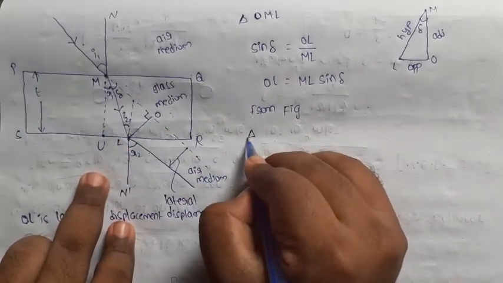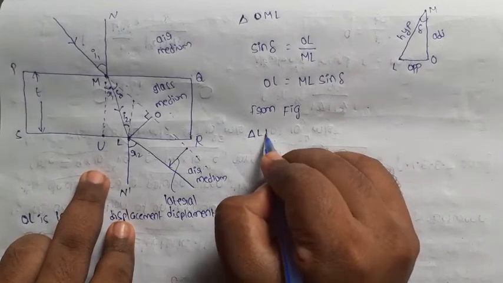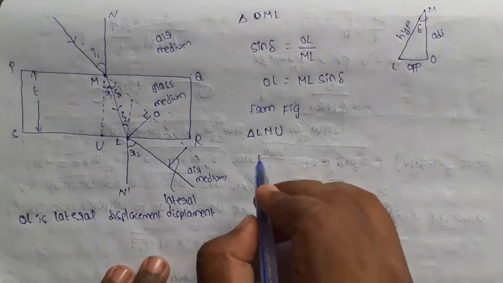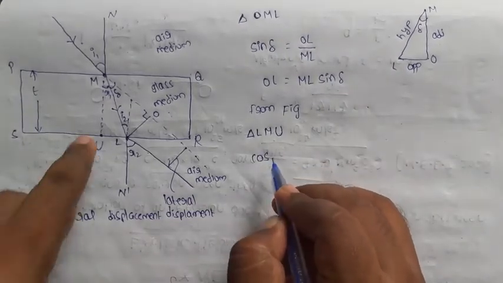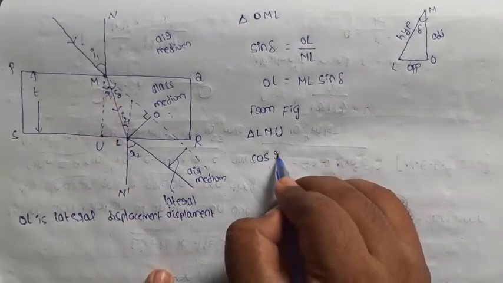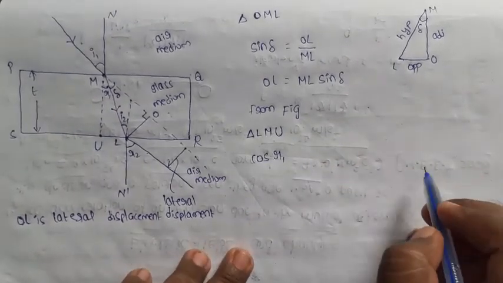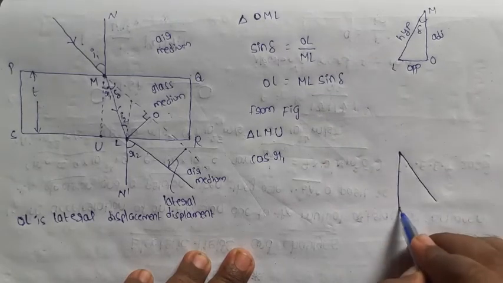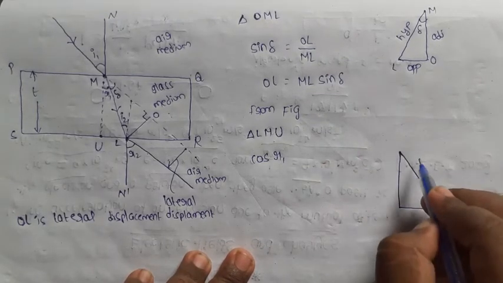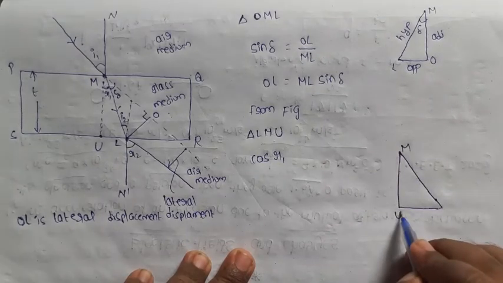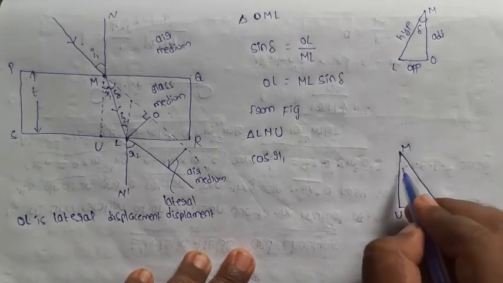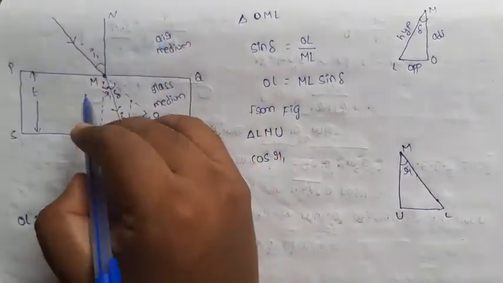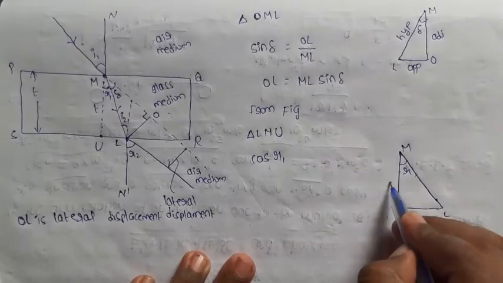The name of the triangle is LMU. For this triangle, I am going to apply cos. The angle is R1, so cos R1. I am drawing the diagram. Here M, U, here L. The angle is R1. Since both lines are parallel, here the value is T.